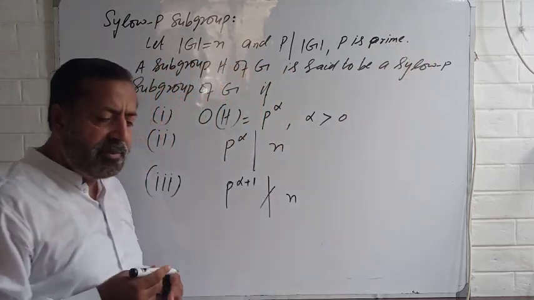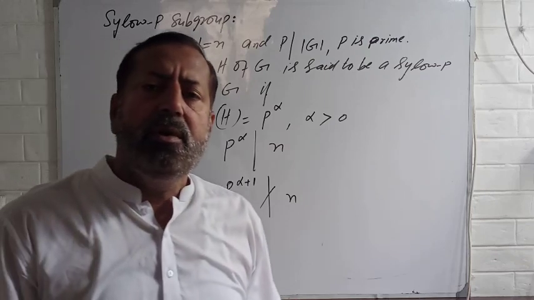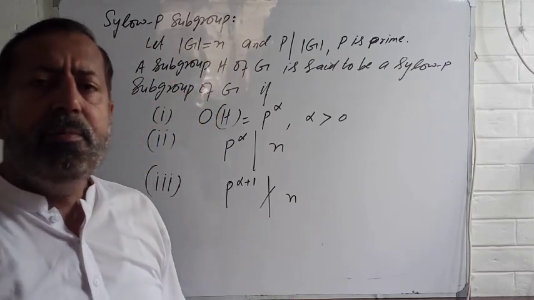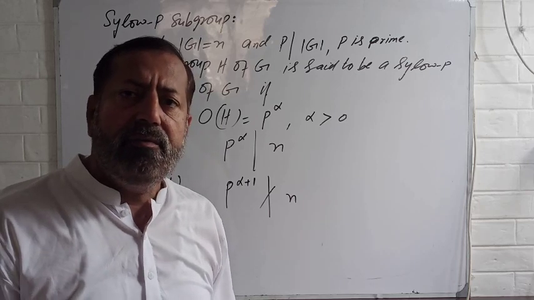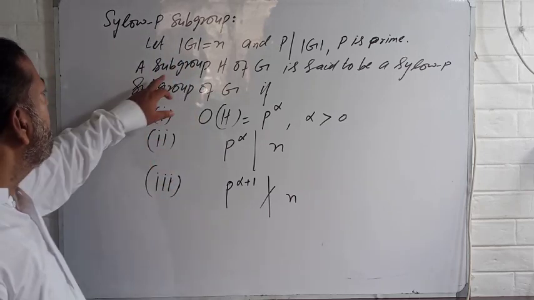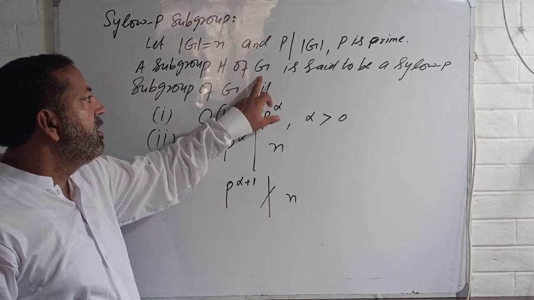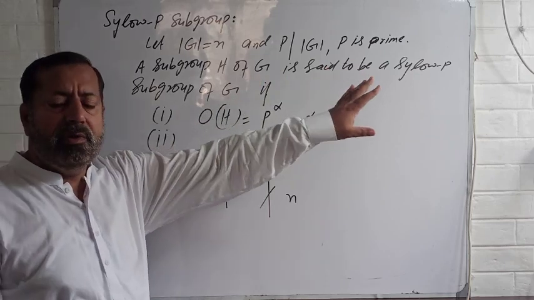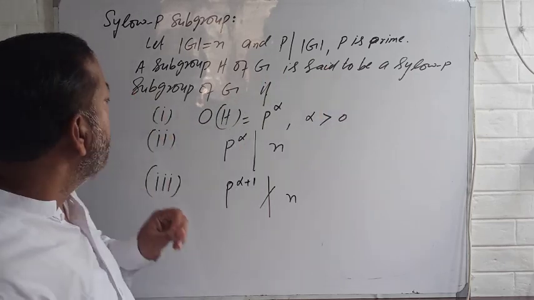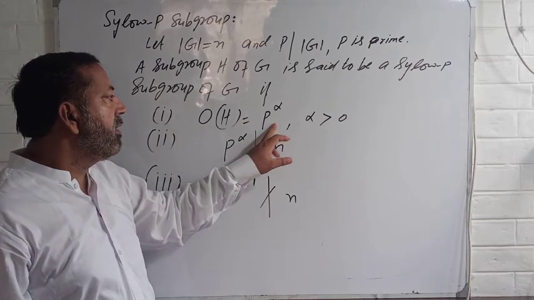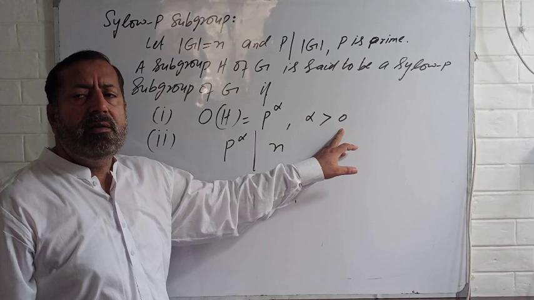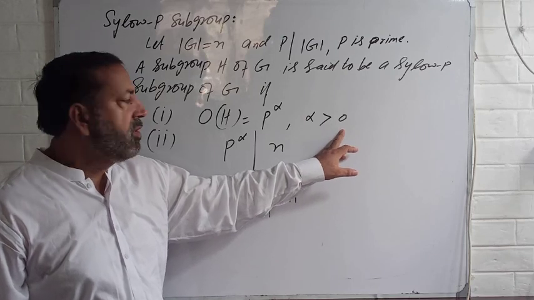Okay. Let G be a finite group of order n, and P be any prime divisor of n. A subgroup H of G is said to be a Sylow-p subgroup if order of H is equal to P power alpha, where alpha could be greater than or equal to 1, right?